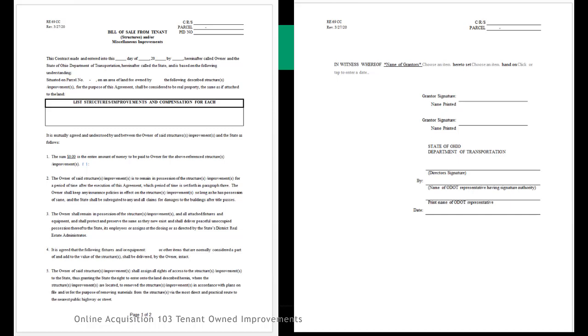Basically, it'll identify the county route section, and then it will identify the date that is executed, the parcel number, the description that is listed for what's being acquired for the tenant-owned improvement, and then identifying the signature of the person with regards to them accepting the cost that we have made that determination. Or if there's an administrative settlement, it has to be done the same exact way.